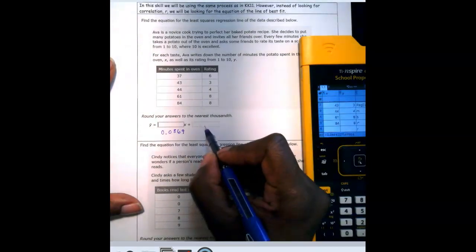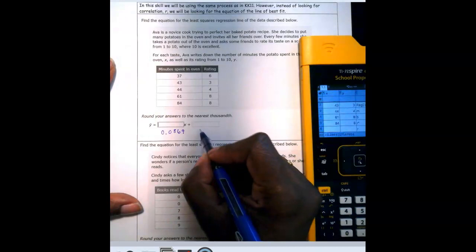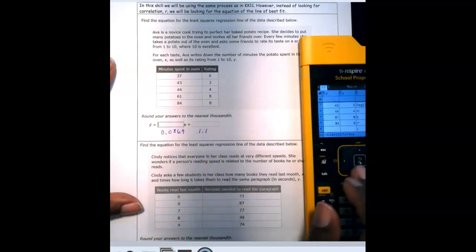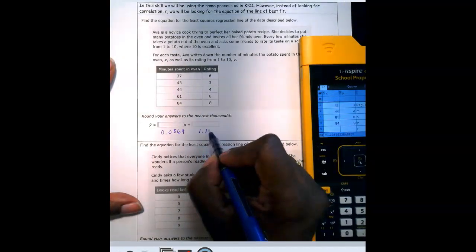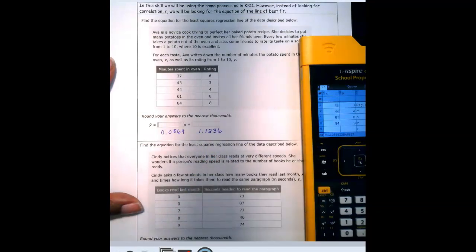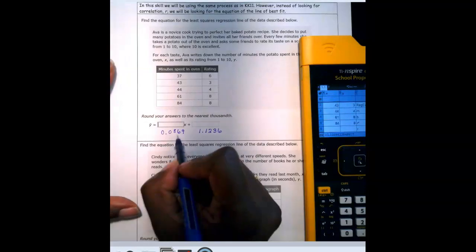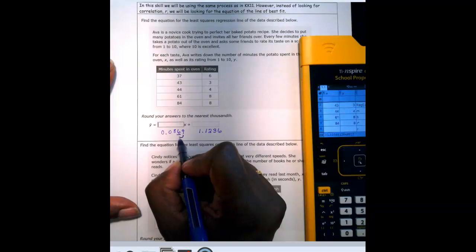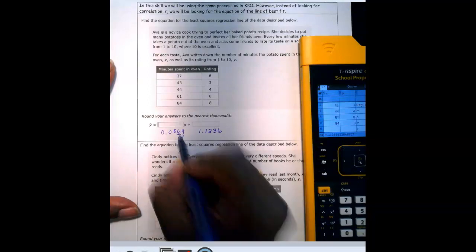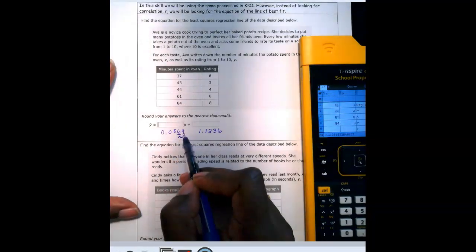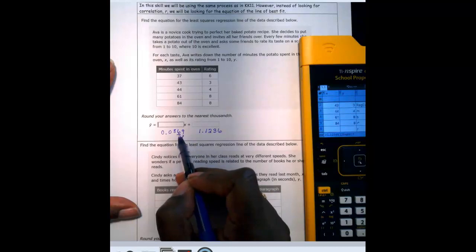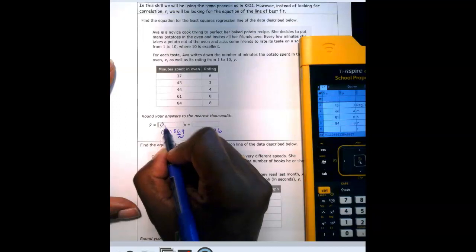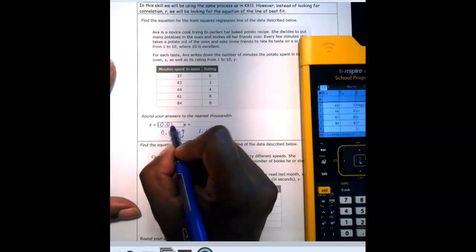And then my y-intercept is 1.1236. So here I want to round to the thousandths place, and I'm going to use the 9 to determine what this number should be. Well, the 9 is greater than 5, so I'm going to round this 6 up to the next number. So my slope would be 0.087.